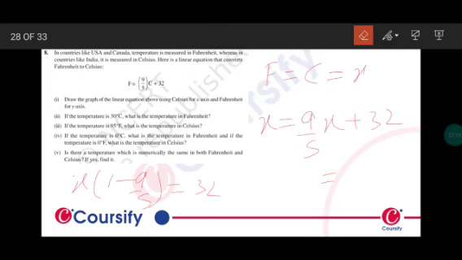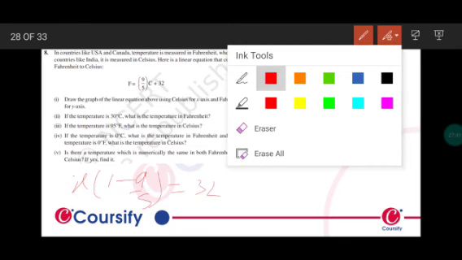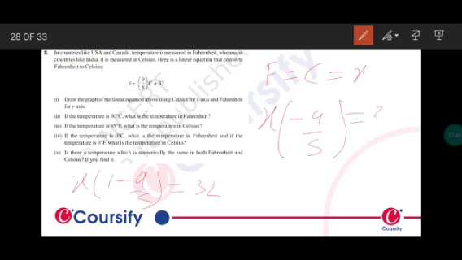And the next step is, 1 minus 9/5 will become minus 4/5, so X into minus 4/5 is equal to 32.